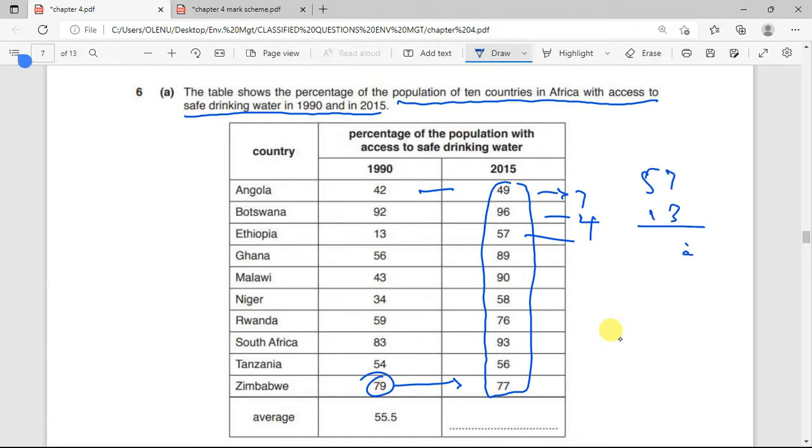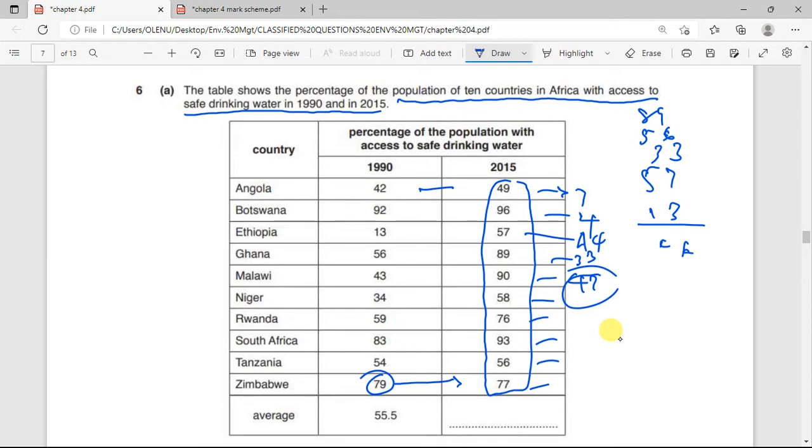Here's 44. Here the increase should be 56. This is 33. Here 43. That will give you 47. Here I think it won't be up to that. So the answer is Malawi.